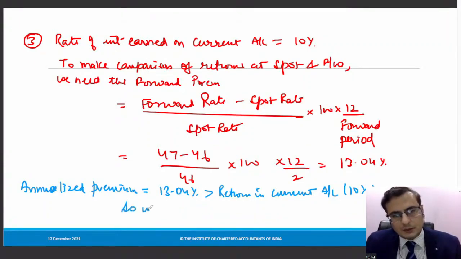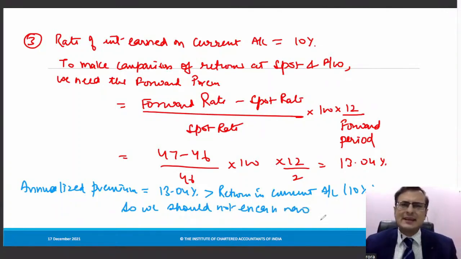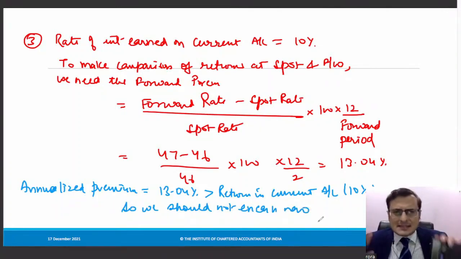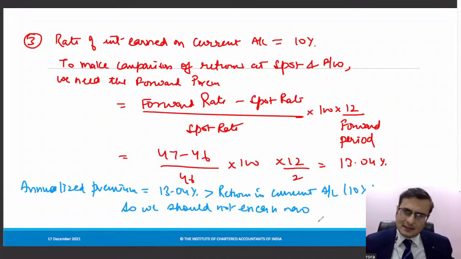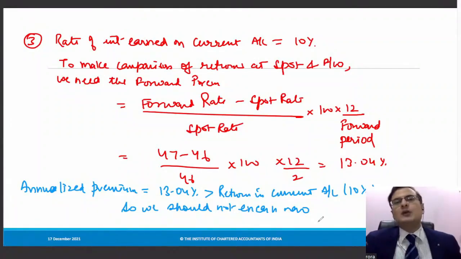So we should not encash now. What does encash mean? Simple. $69,000 you have? Yes, sir. If you encash, you'll get rupees. Fine, sir. You put the rupees in your bank account? Yes, sir. And you'll get 10% return.